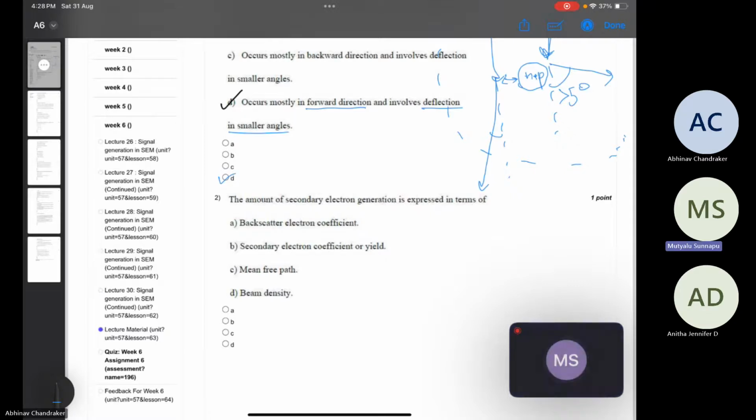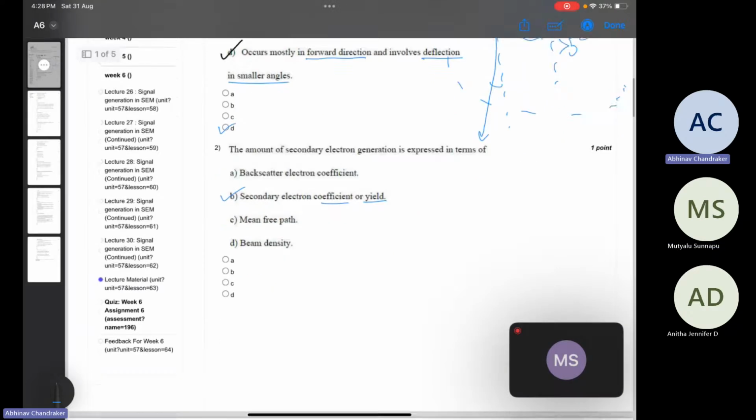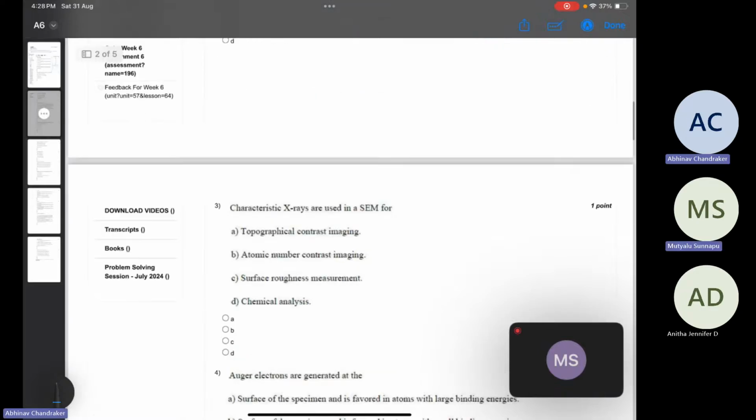Yes, B is the correct answer. The amount of SE generation is expressed as SE coefficient or yield. How much of the primary electrons is generating SE electrons? That is called yield.